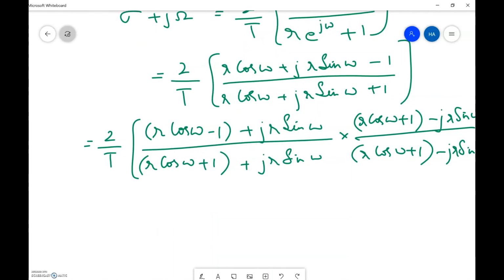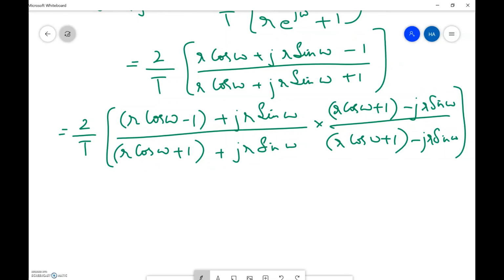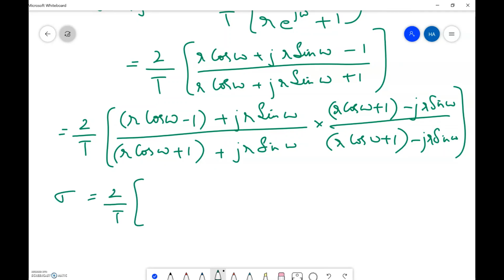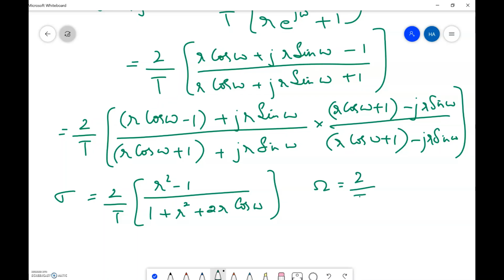So the real part will be obtained as σ, you're going to get 2/T into (r² − 1) divided by (1 + r² + 2r cos ω), and Ω equals the imaginary part.